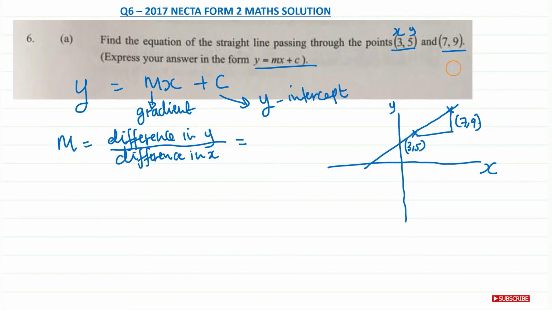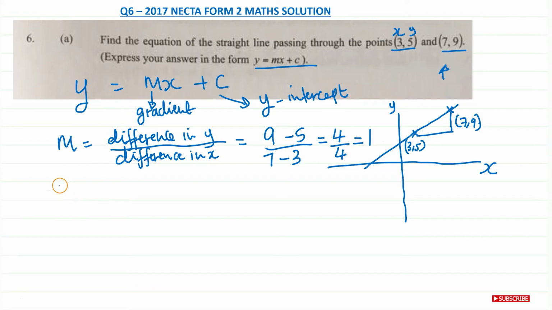Difference in y, 9 take away 5. Now if you start on that side, then you must also start on that side when you're writing the x. So then it's 7 take away 3. 9 take away 5 is 4, and then 7 take away 3 is also 4. So the gradient for this line is just 1.